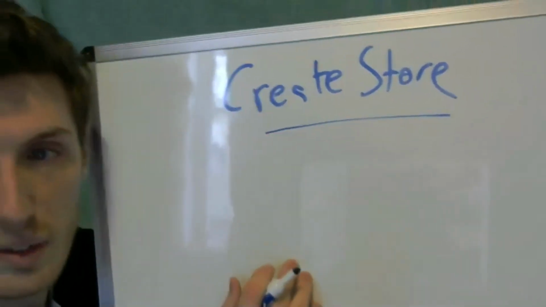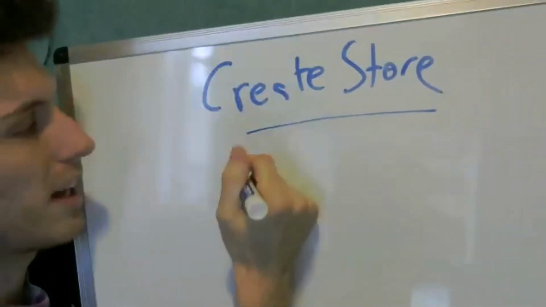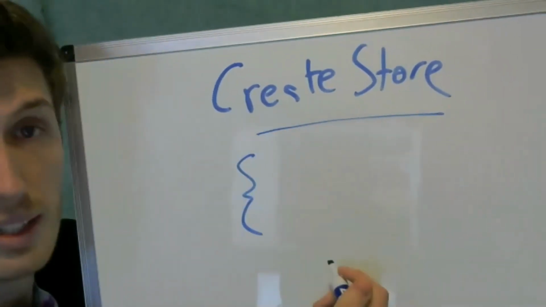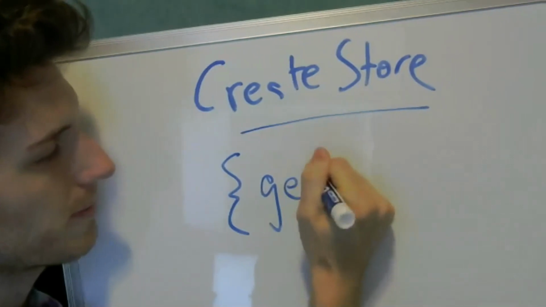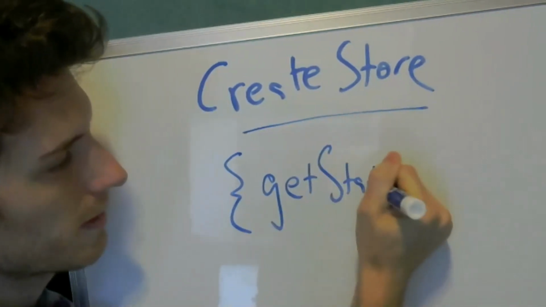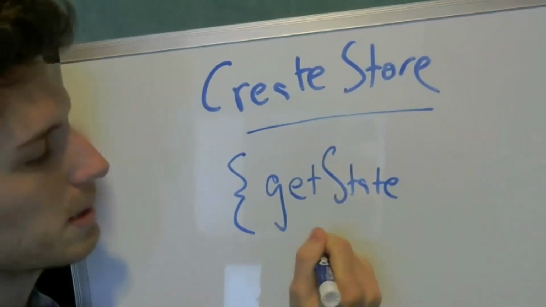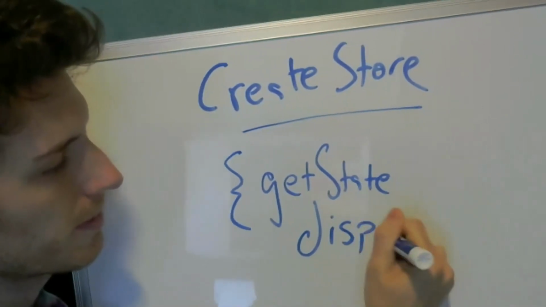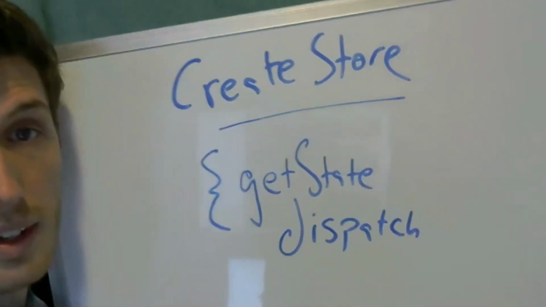It returns an object with getState, dispatch, subscribe, and replaceReducer. Excellent. Thank you, Phil. So remember, createStore evaluates to this object with getState, dispatch, subscribe, and replaceReducer.